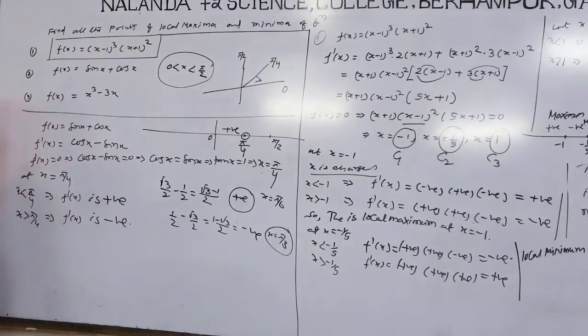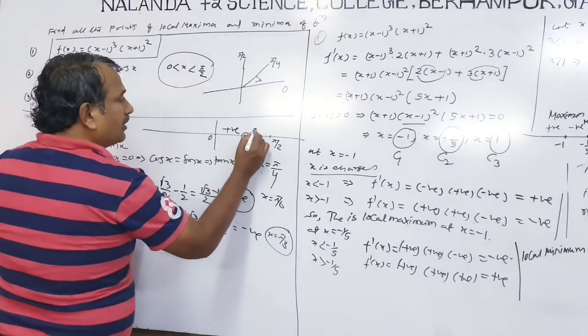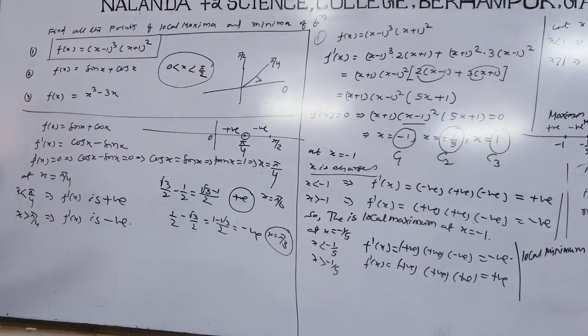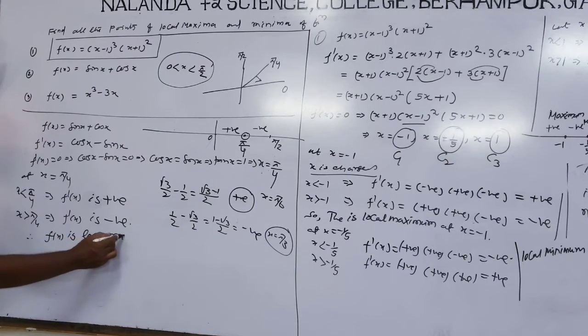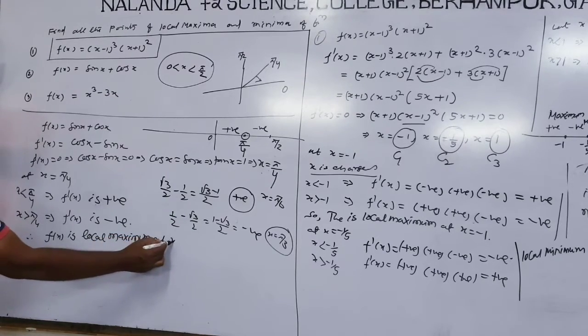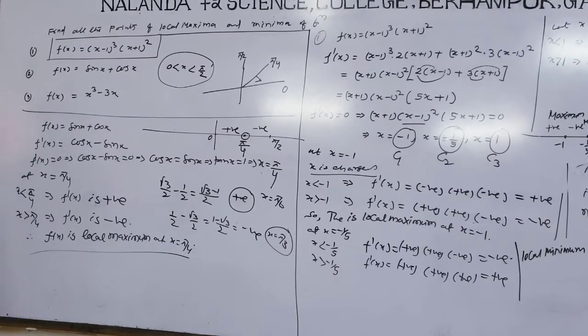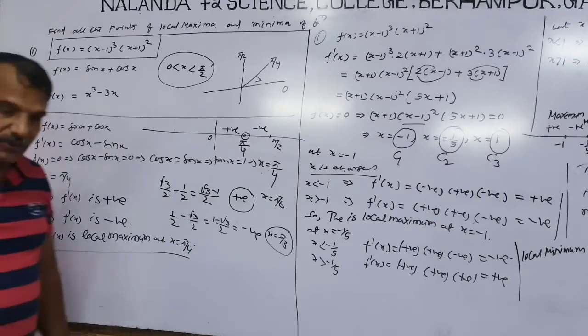So positive to negative. What is the condition? When positive to negative, it is maximum. So the function f of x has a local maximum at x equal to pi by 4.